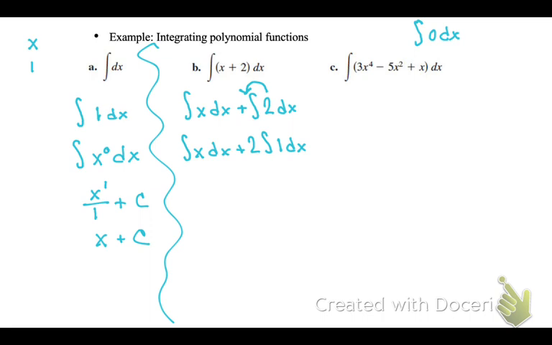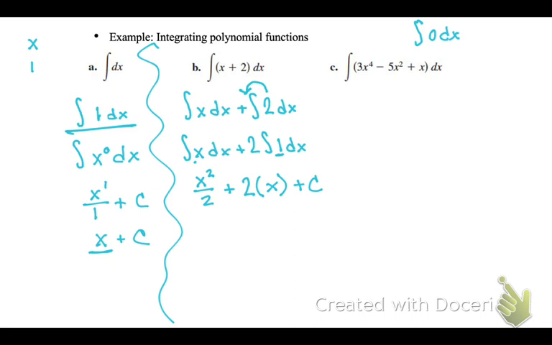Yeah. Okay. So the integral of x dx, so add 1 and divide, plus 2 times, what did we just say this was? What did we just say the derivative of 1 is, or the integral of 1 is? Oh, x plus c.